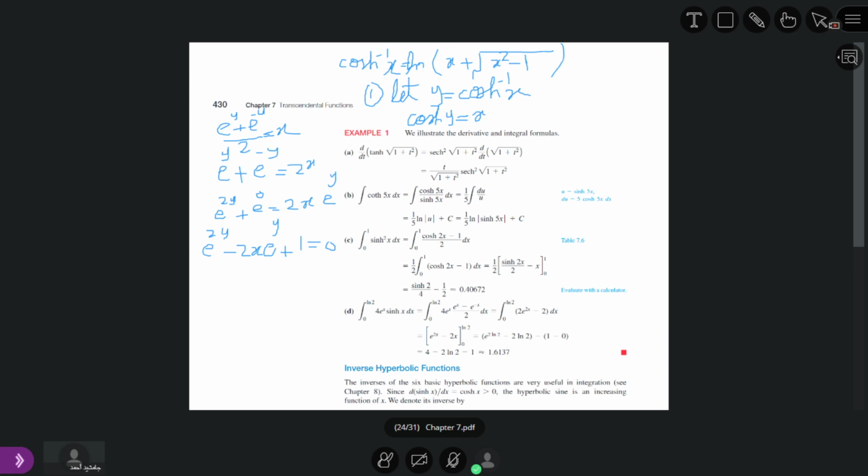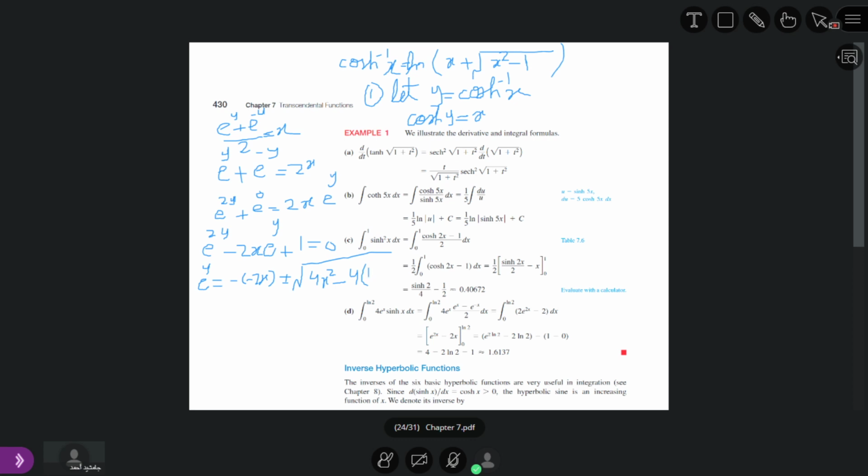So we get the solution by the quadratic formula. Minus b, so minus into minus 2x, plus or minus the square root of b square, which is 4x square, minus 4 into a into c.